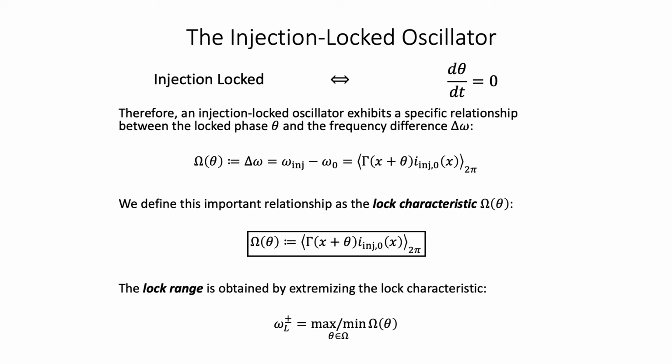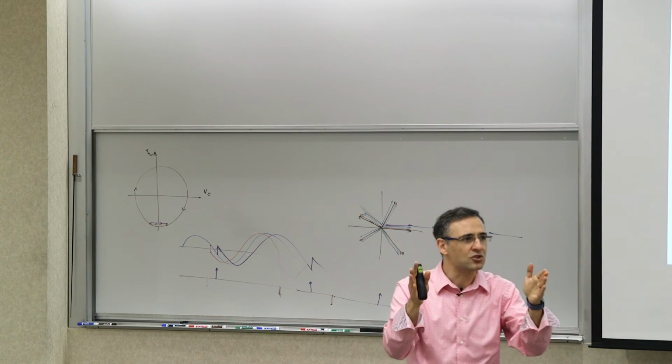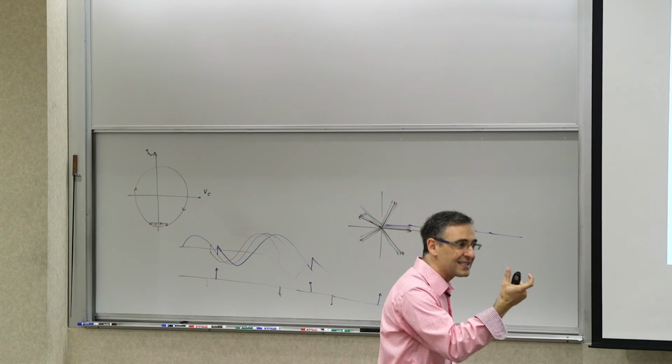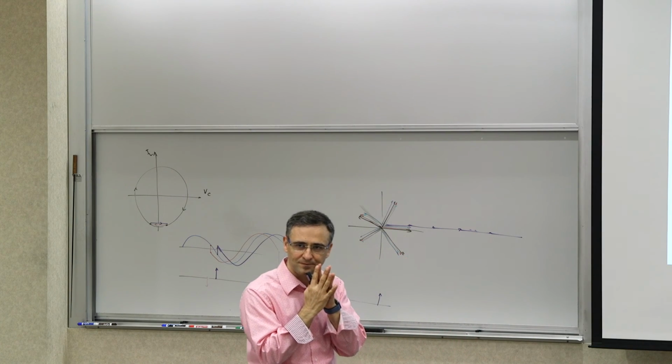The key takeaway is that the locking characteristic is determined by the one-period average of the ISF, the impulse sensitivity function, and the injection current.